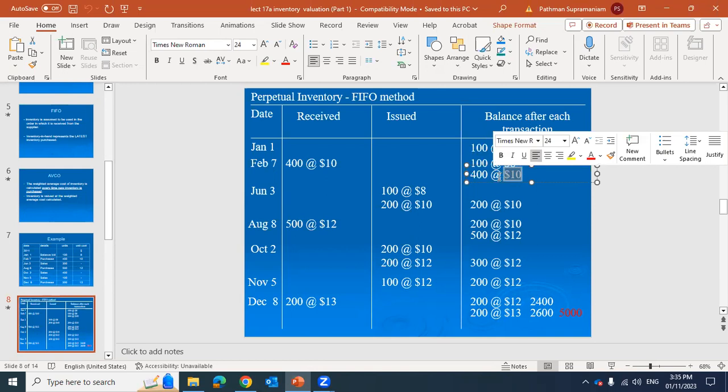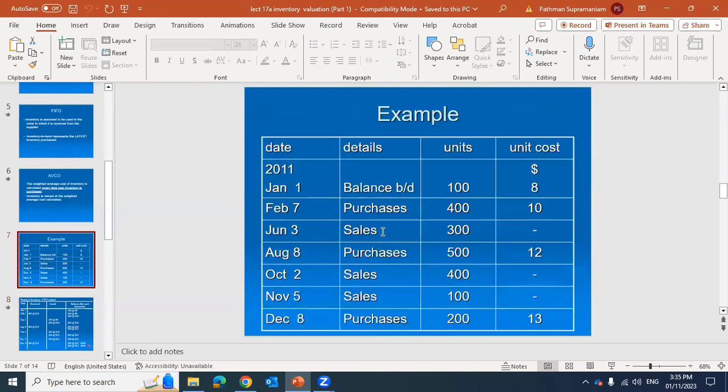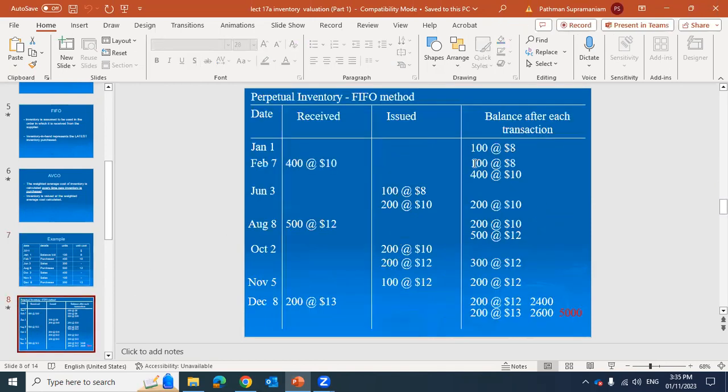We write them separately. Okay, the next transaction is we need to remove 300 units of inventory from the stock. So here's where the FIFO method starts. To take out 300 units, because the 100 units was the older one, we need to remove as much as we can, which means we need to remove all the 100. Take note, we have to write it this way.